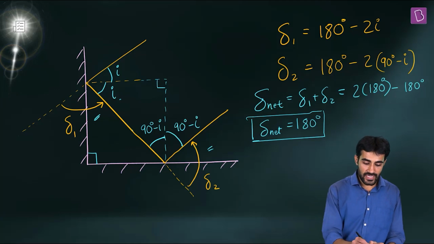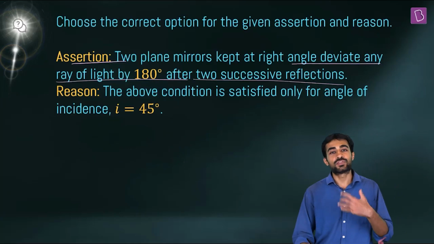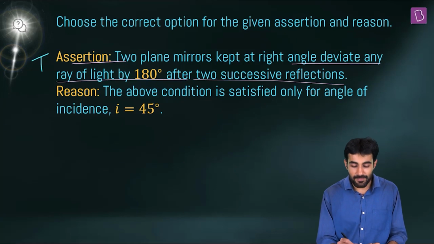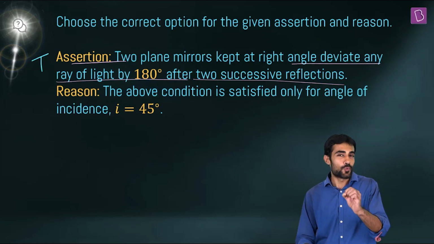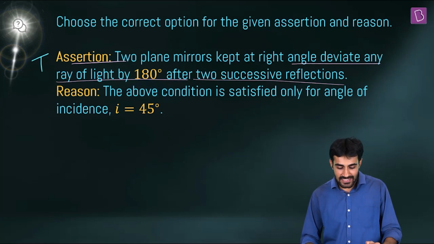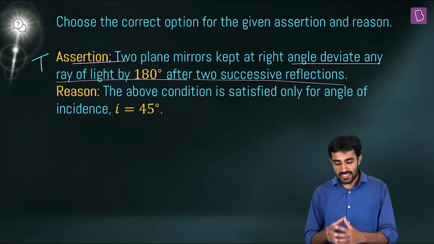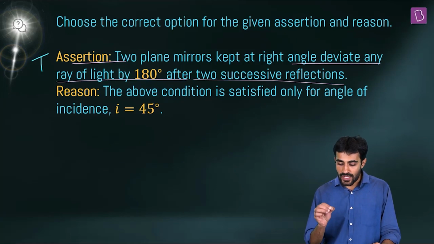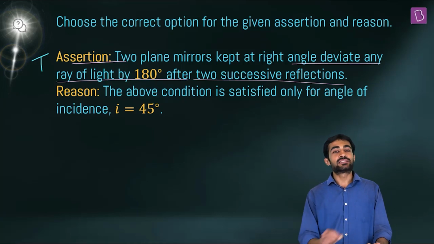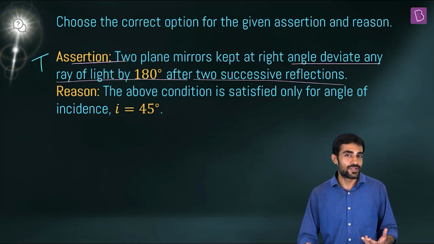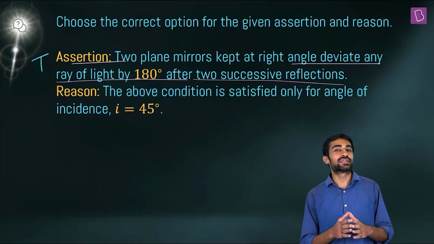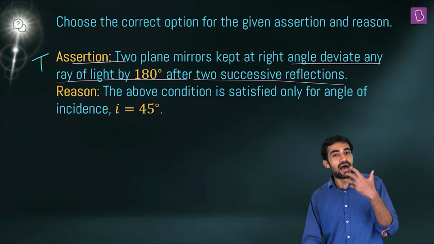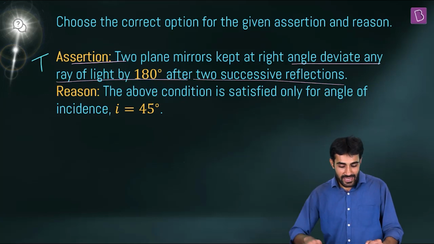So let's read the second statement. We just found out that the first statement was perfectly true. Second statement says, the above condition is satisfied only for the angle of incidence I equal to 45 degree. No. This condition is satisfied for other angles also.